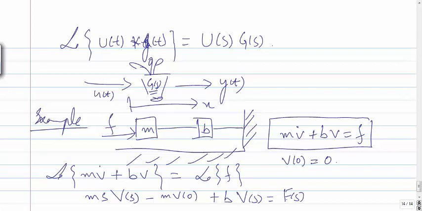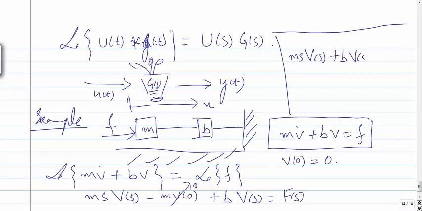The main idea is, as we know that the initial condition is 0, I can rewrite this as m s V of s plus b V of s equal to F of s.